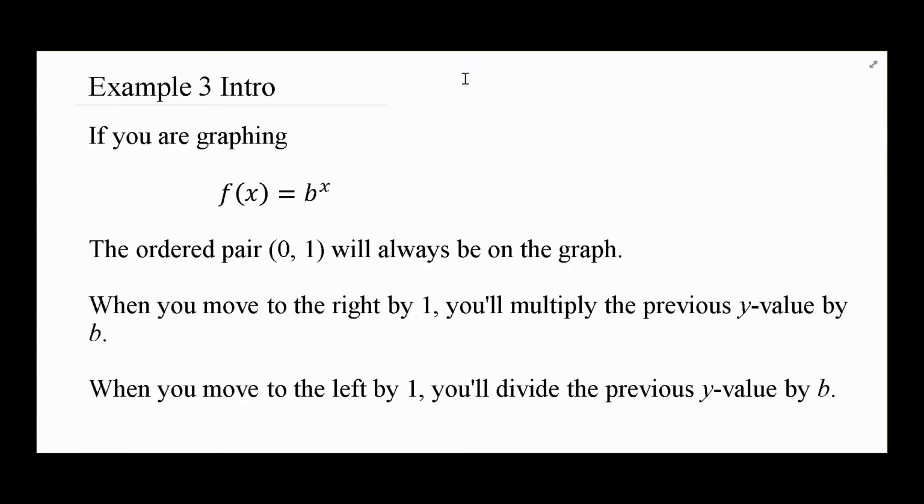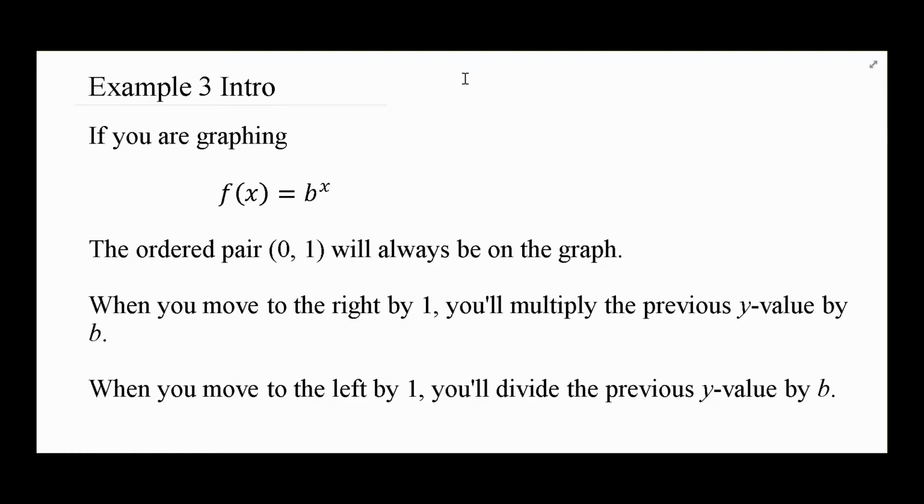So I know we wrote it out on the previous example, but I just want to make sure it's right here in your notes and spelled out nicely on the screen in nice typed out versions, because this is how I want you to think about graphing an exponential function. If we want to graph the exponential function b to the x, then we know the ordered pair (0, 1) will definitely be on the graph.